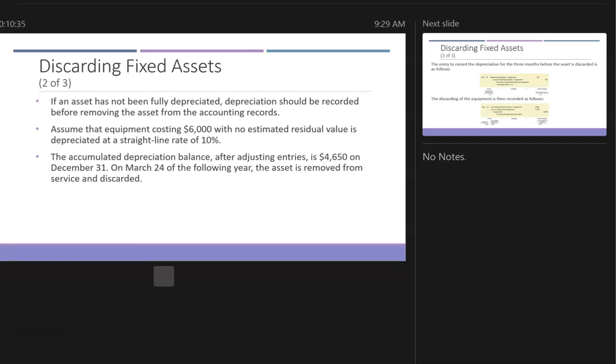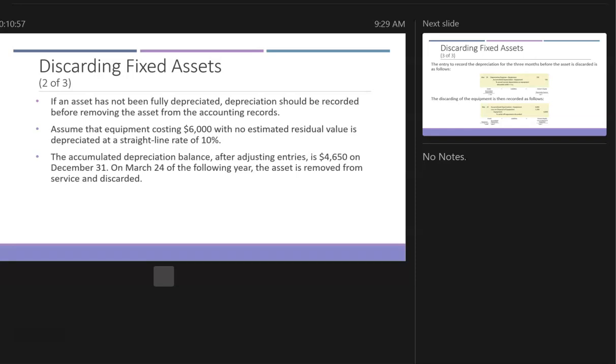Assume that equipment costing $6,000 with no estimated residual value is depreciated at a straight line rate of 10%. The accumulated depreciation balance after adjusting entries is $4,650 on December 31st.